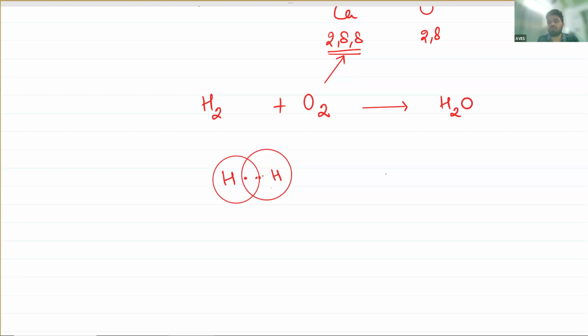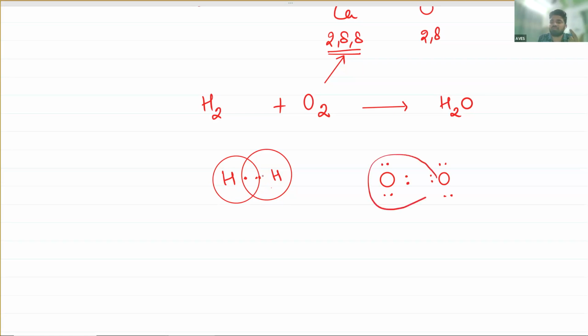Similarly, why does oxygen exist in the form of O2? It does not exist in the form of O. The reason is that the oxygen atom has 6 electrons in its outermost shell: 1, 2, 3, 4, 5, 6. So they need two electrons, and will share two electrons.